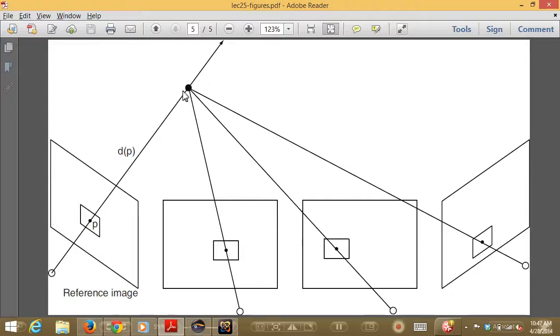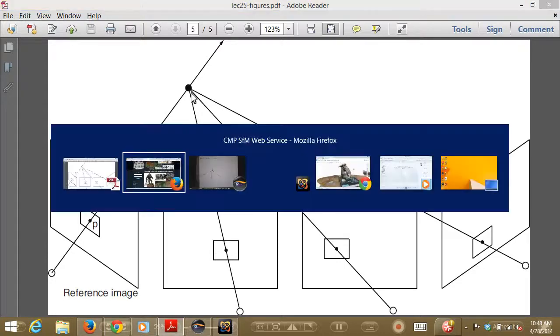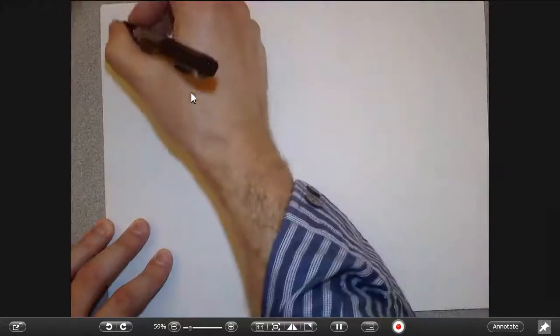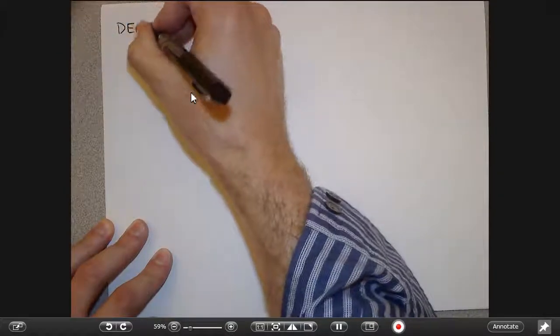And once I know that depth, then I can push forward this little block of pixels or this pixel and color that point in space, right? And so this is what I would call a depth map fusion idea. So the last technique I would say is depth map fusion.